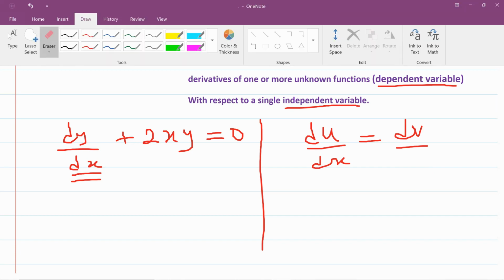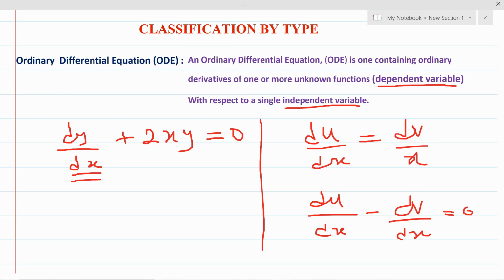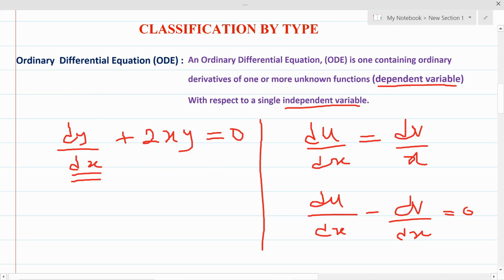I think the Cauchy-Riemann equation wouldn't work for this. So let's say this, which will yield du/dx minus dv/dx equals 0. So what this means is that I have two dependent variables, u, that is this one, and v.